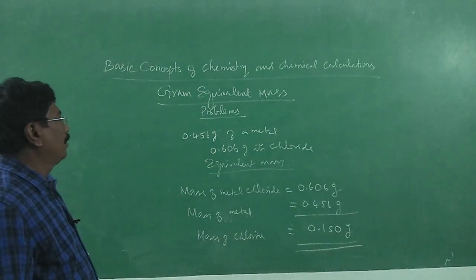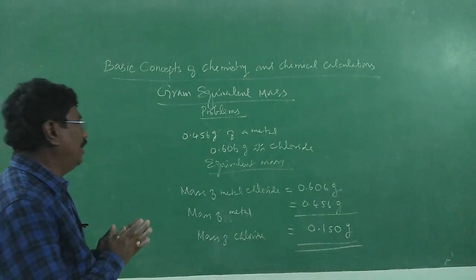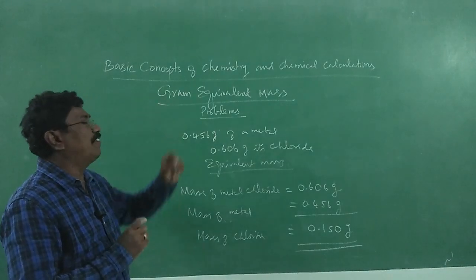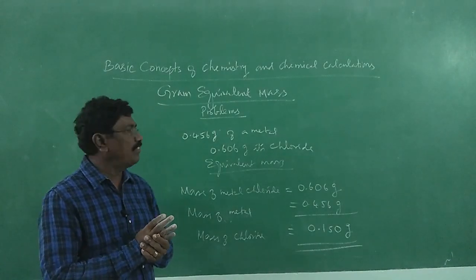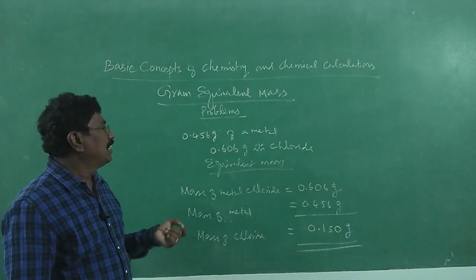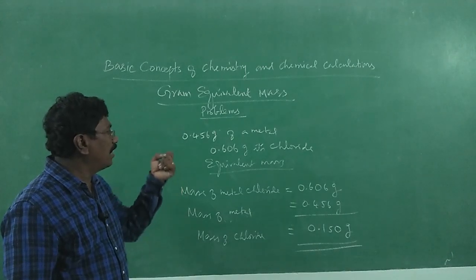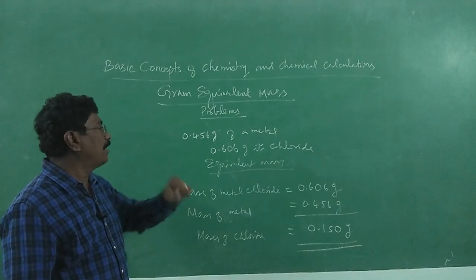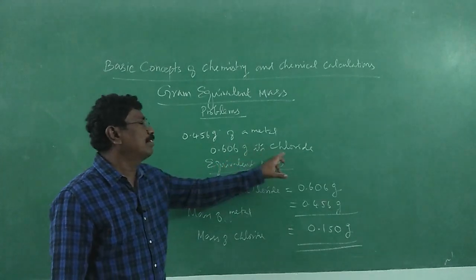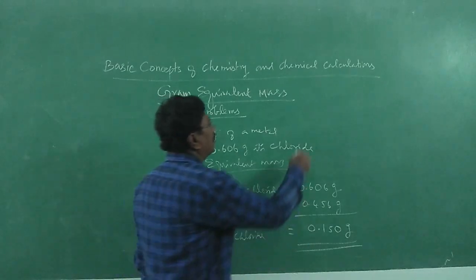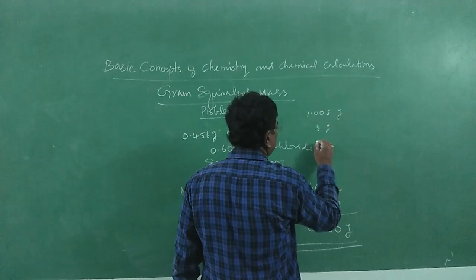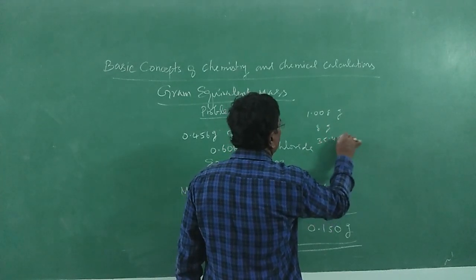Now, the question is what is the equal mass? In what way does it have to be solved? As per the definition, the equal mass of an element or substance is the number of grams of the metal that combines with or displaces 1.008 gram of hydrogen, or 8 gram of oxygen, or 35.45 gram of chlorine.